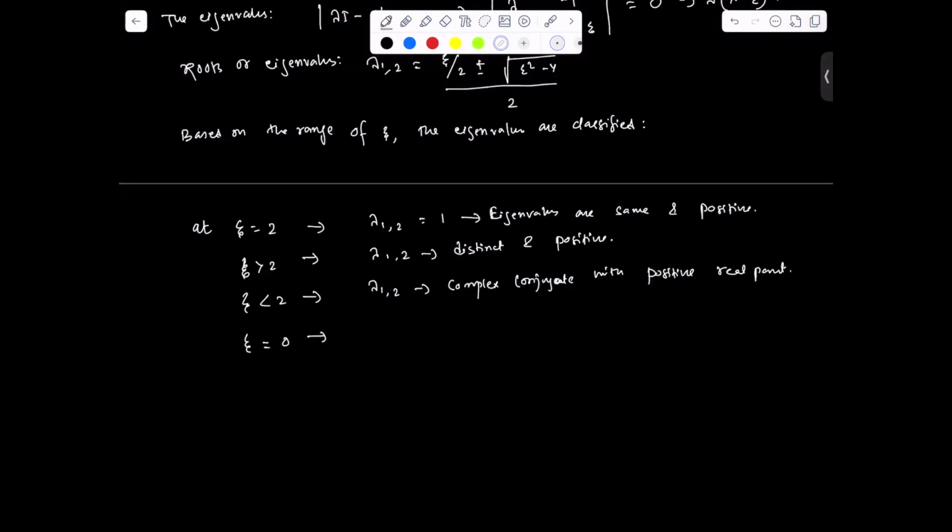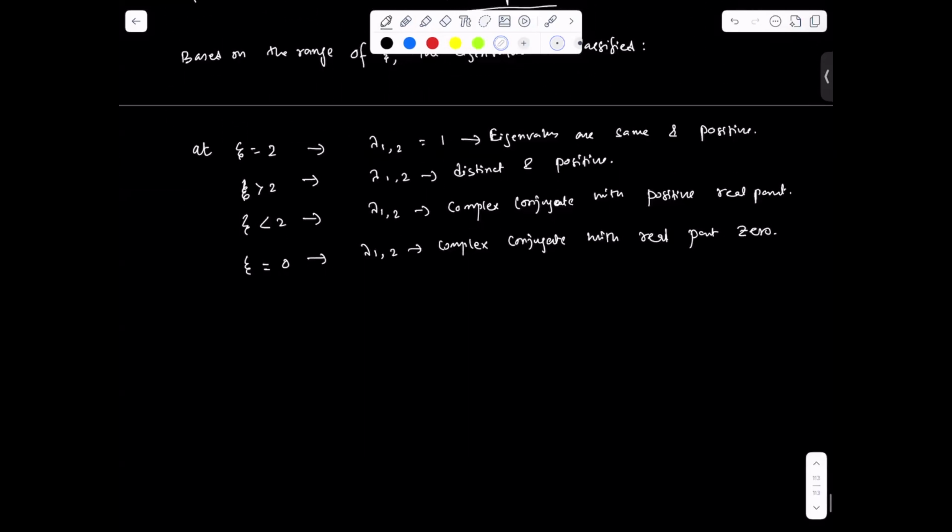So in this case, lambda 1, 2 will be complex conjugate with the real part 0. Right. So these are very, very important conditions for this particular problem.